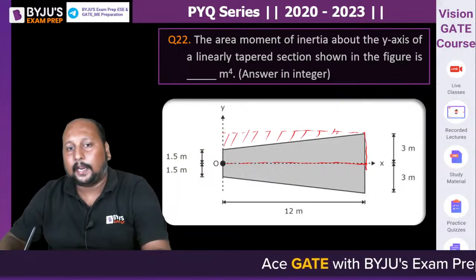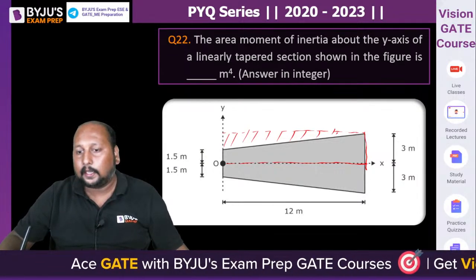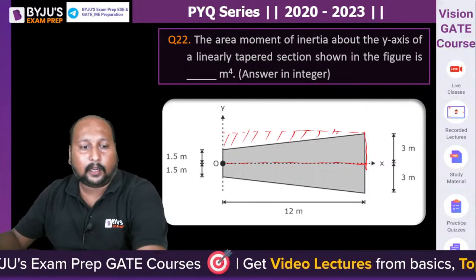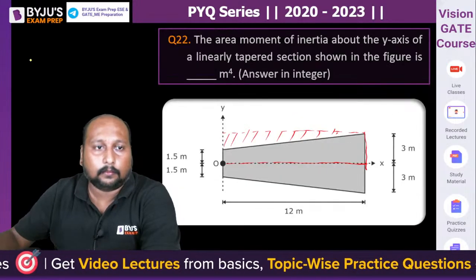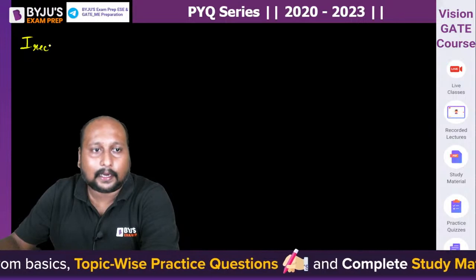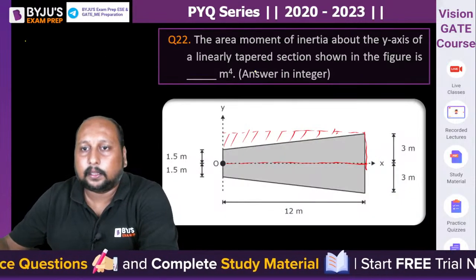You try to calculate in a simple way, by calculating for a rectangle. For a rectangle, we know what the value is. You have to calculate the moment of inertia of a rectangle about the y-axis.